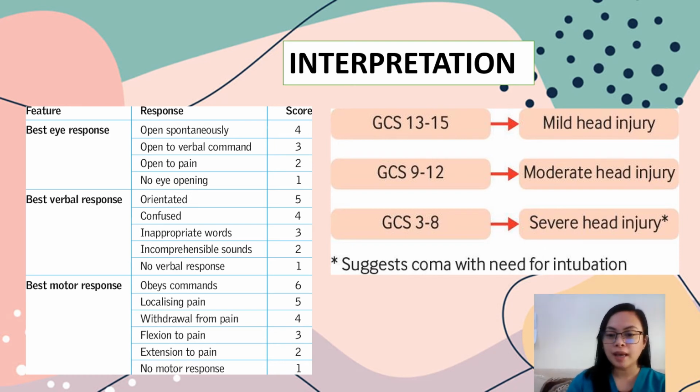If the patient has 9 to 12, then the patient has a moderate head injury. And if the patient has a score of 3 to 8, then the patient has a severe head injury that may suggest a need for intubation or more frequent monitoring. So it is very important for us to know how to score and how to interpret these scores.